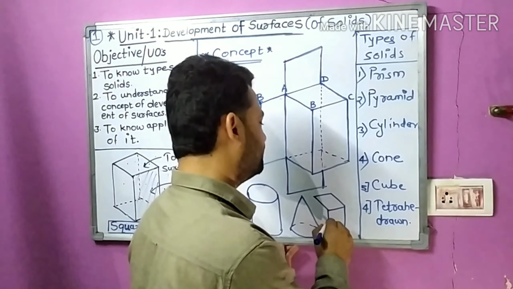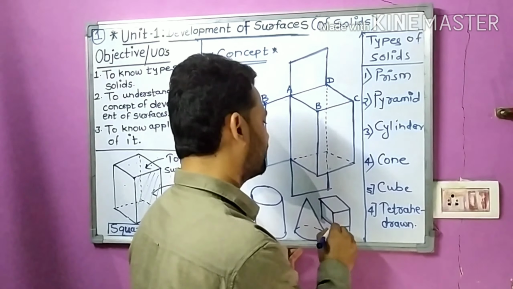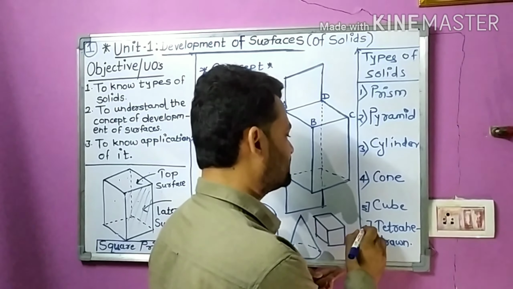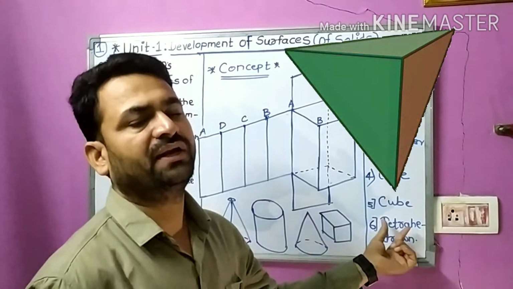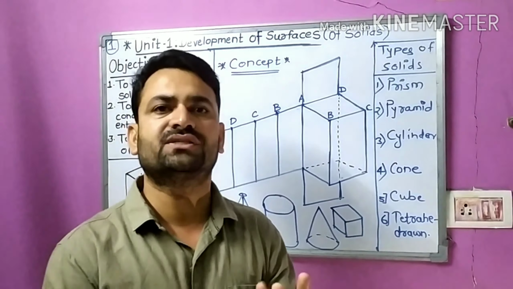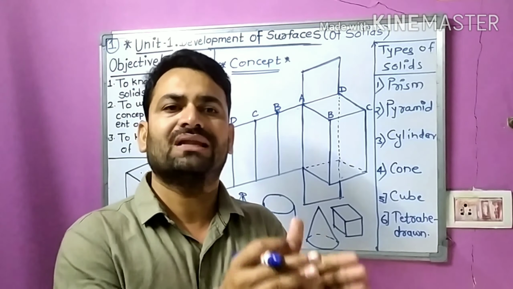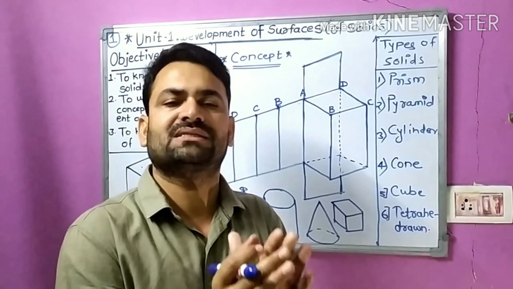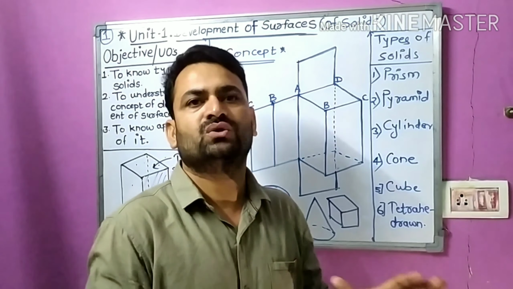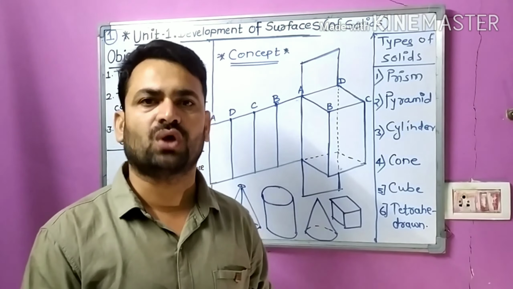It is like a prism, but all its surfaces are equal. The sixth one is the tetrahedron. A tetrahedron is like a triangular pyramid, but all its slant surfaces and bottom surface have the same shape, known as a tetrahedron. So these are the different types of solid.